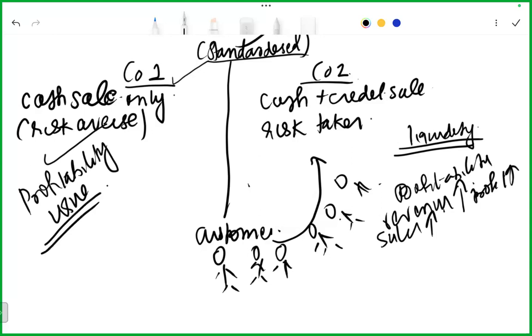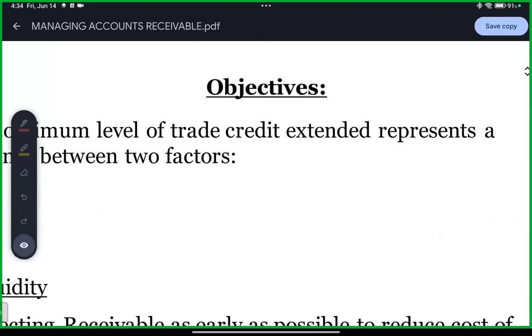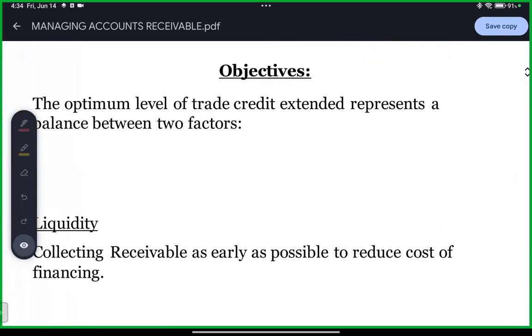So as a business, you have to strike a balance between managing your liquidity issue and profitability issue. As a finance manager, your objective is to strike an optimum level without compromising liquidity and profitability. So the idea that I've tried to portray through the note is that the optimum level of trade credit extended represents a balance between two factors.